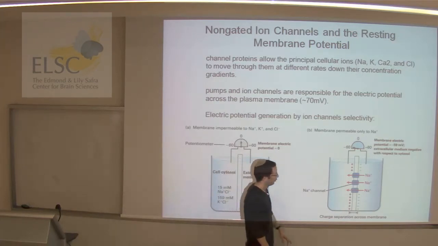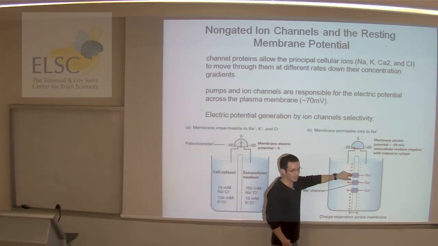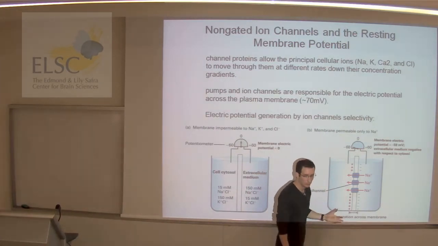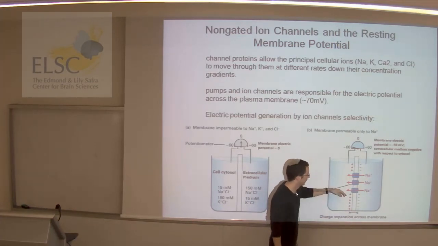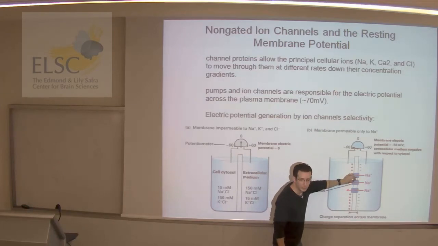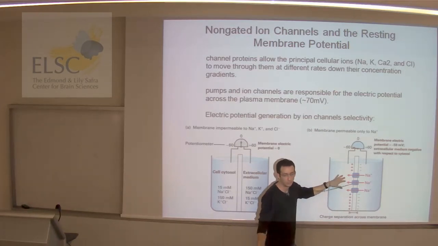Now it's enough to add specific selective non-gated ion channels, for instance, for sodium, here in the membrane, which will cause an influx or an inward current of sodium into the left cell, the left compartment, until what? So if you open these holes here, sodium would start to flow until what would happen?